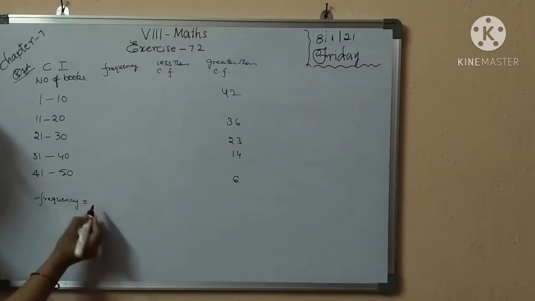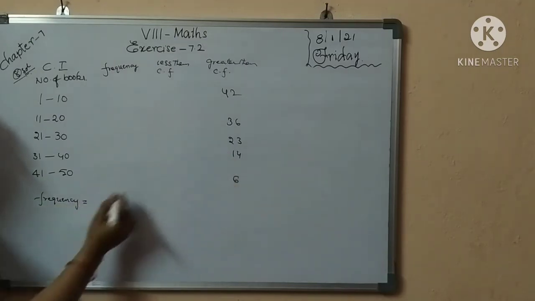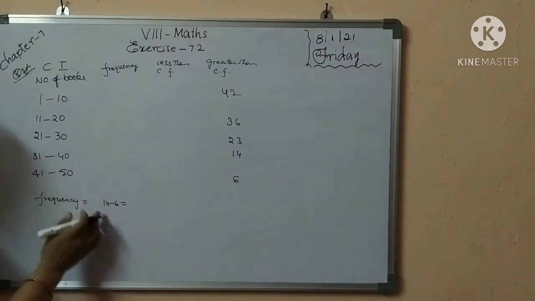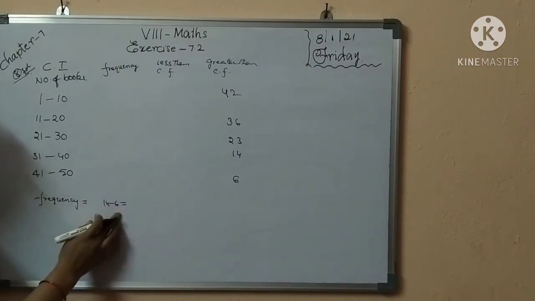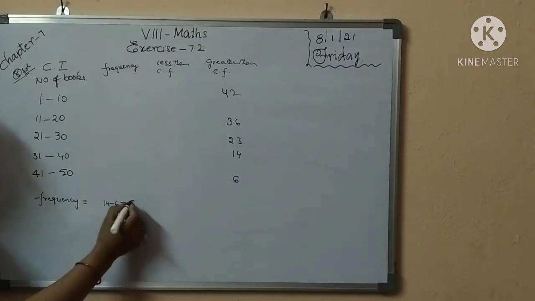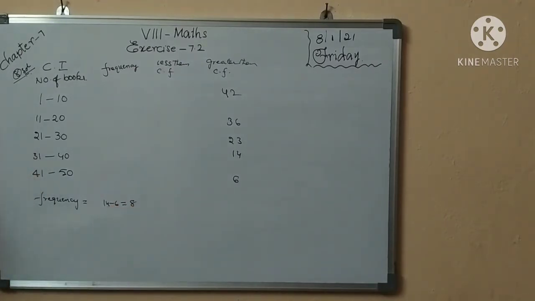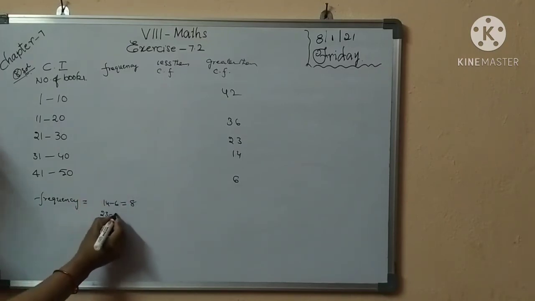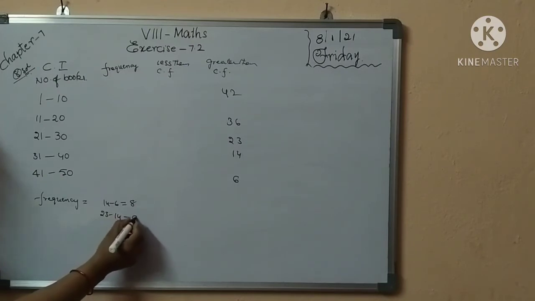So here, 14 minus 6. How much is 14 minus 6? 8. 14 minus 6 is 8. Next, 23 minus 14 is 9.